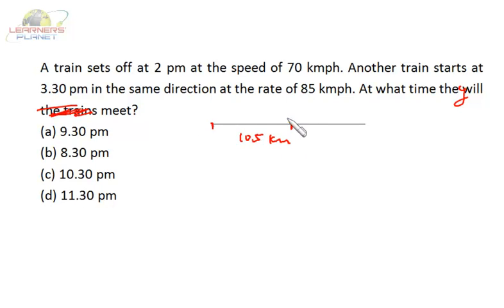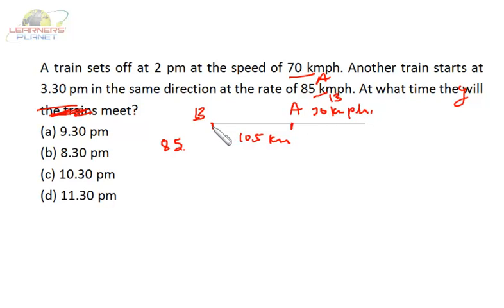Now suppose this is train A and this is train B. Before train B starts, train A is already 105 kilometers away from this point. Now here comes the concept of relative speed. Just listen to me carefully. The speed of this train is 85 km per hour and the speed of this train is 70 km per hour.